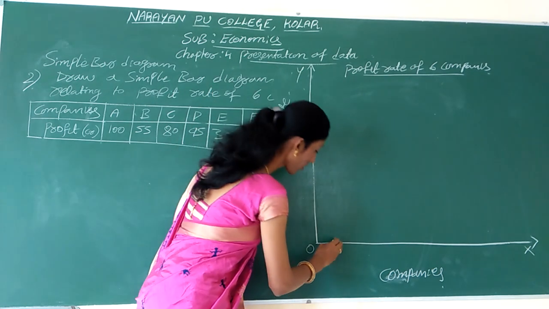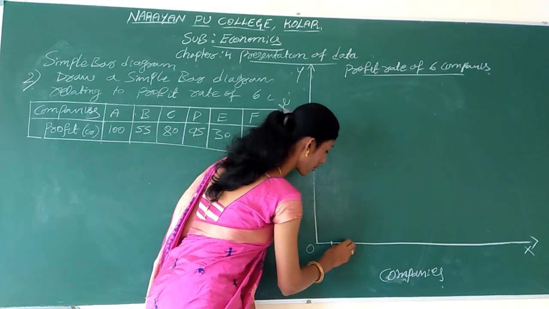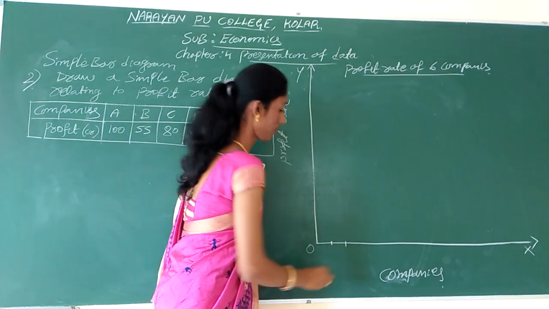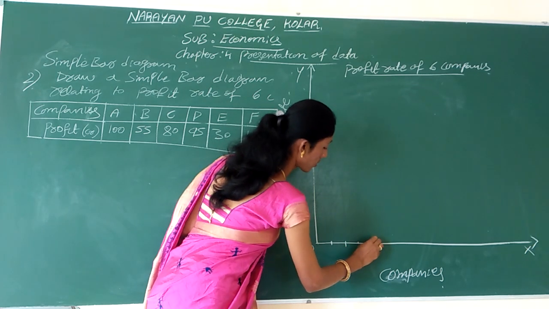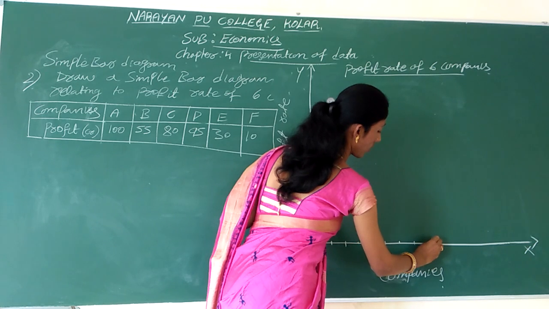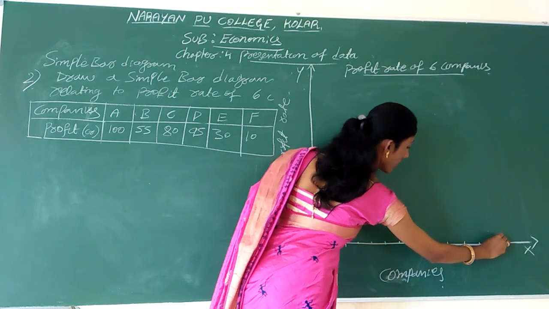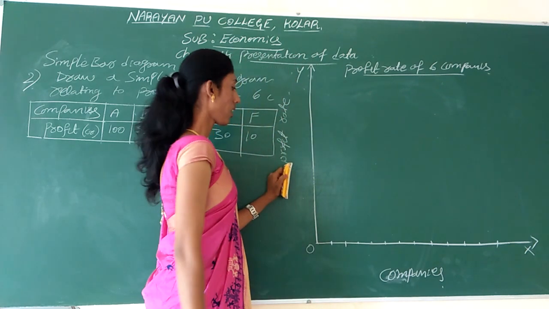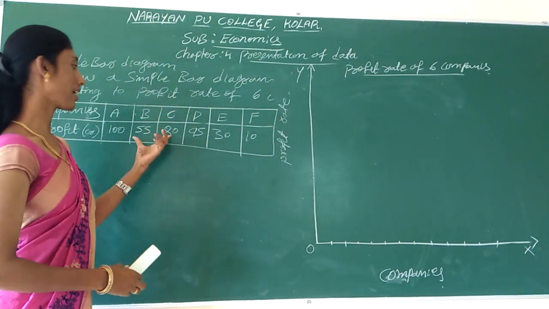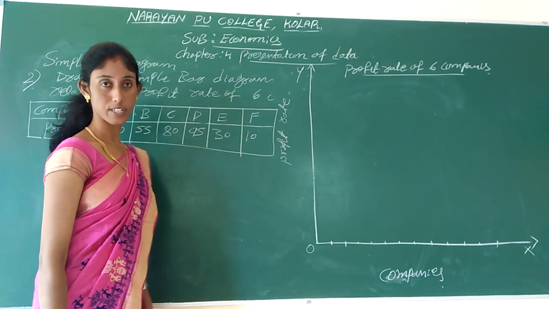Got it? Here I am taking 1 centimeter space, then you will continue the same. 1, 2, 3, 4, 5, 6.